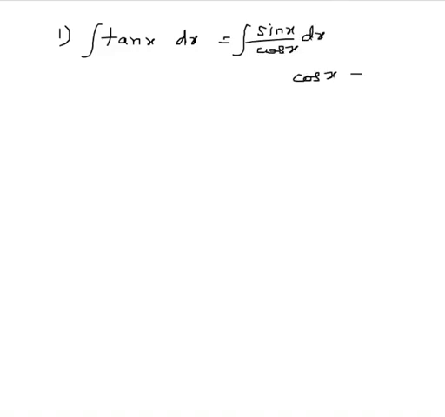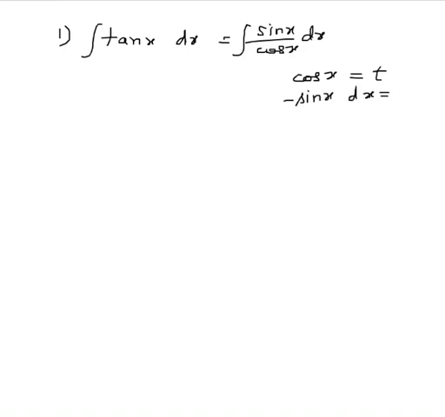Let us derive a few formulae. The first one, integral of tan x dx. tan x is sin x divided by cos x. Let us take the denominator cos x as t. Differentiate both sides. Differential of cos x is minus sin x equals dt by dx.